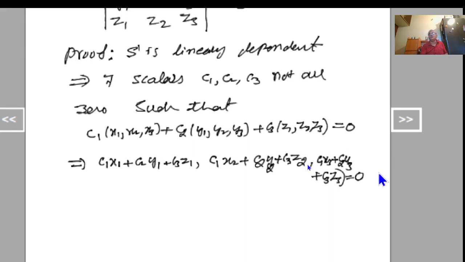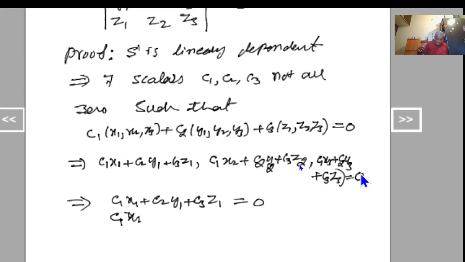0 means this is the 0 vector here, not our ordinary 0. This is (0, 0, 0). Right? And what does this imply? This implies C1 x1 plus C2 y1 plus C3 z1 is equal to 0, and C1 x2 plus C2 y2 plus C3 z2 is equal to 0.